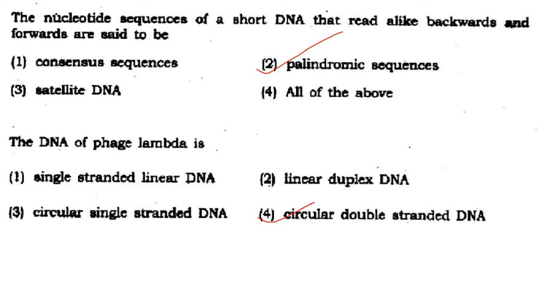The nucleotide sequence of a short DNA that reads alike backward and forward is said to be consensus sequences, palindromic sequences, satellite DNA, all of the above. Answer is palindromic sequences. The DNA of phage lambda is single-stranded linear DNA, linear duplex DNA, circular single-stranded DNA, circular double-stranded DNA. Answer is option 4, circular double-stranded DNA.